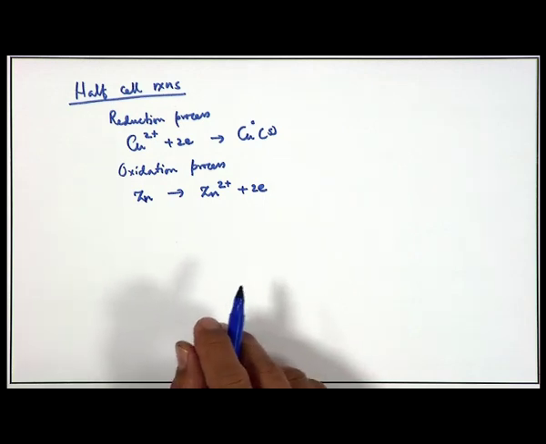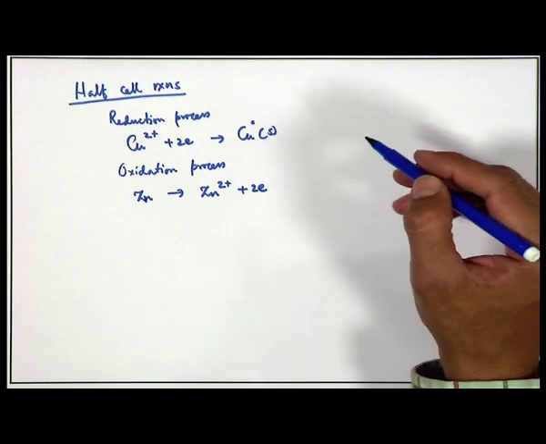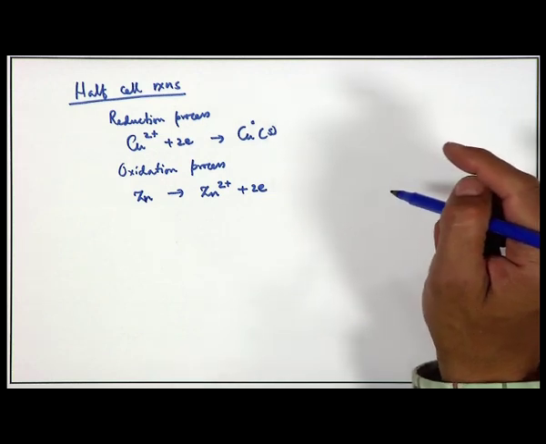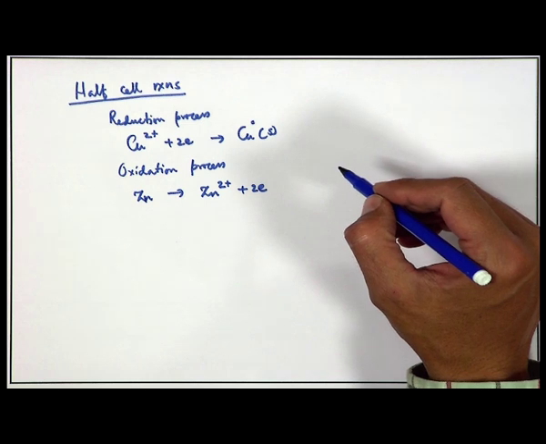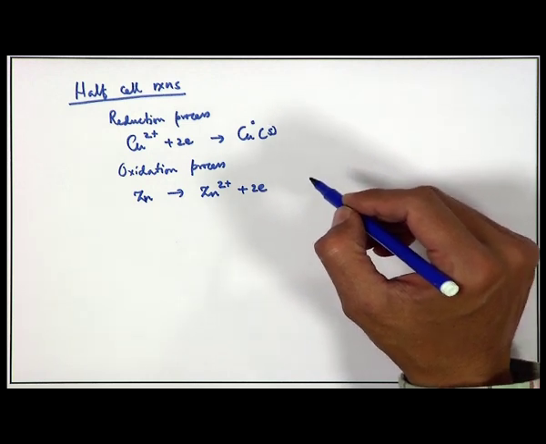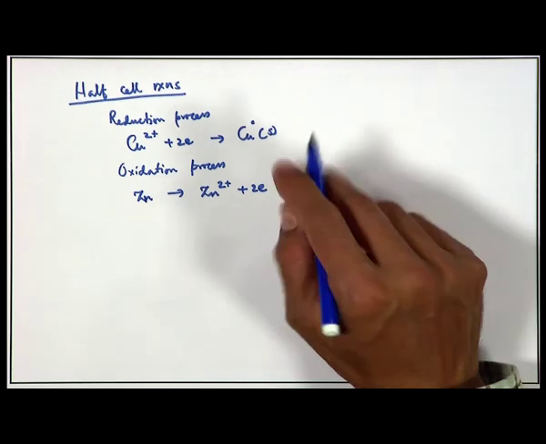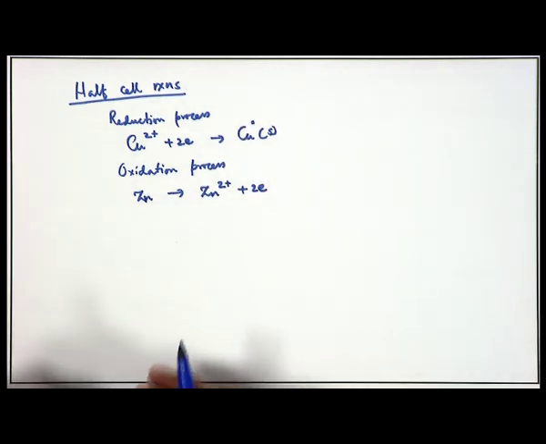So, basically what is happening is that the Gibbs energy of the spontaneous redox reaction is converted to electrical energy. Gibbs free energy is the free energy change involved for a spontaneous change. For a spontaneous process, delta G is negative.